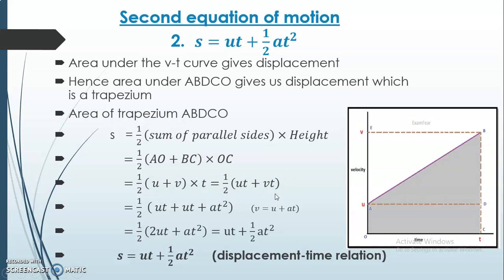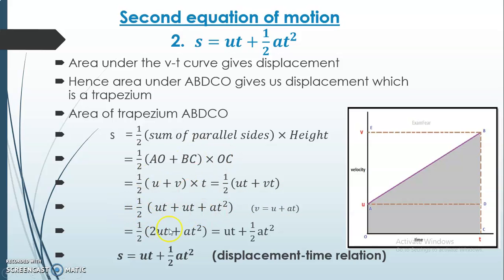Okay, but in this case you already know the equation of motion. The first equation of motion is V is equal to U plus AT. So you can clearly replace this V over here with U plus AT. So this will become UT plus AT square, because this T is already there and it will get multiplied with this U. It will become UT, and this T when gets multiplied with this AT, it will become AT multiplied by T, so it will give you AT square.